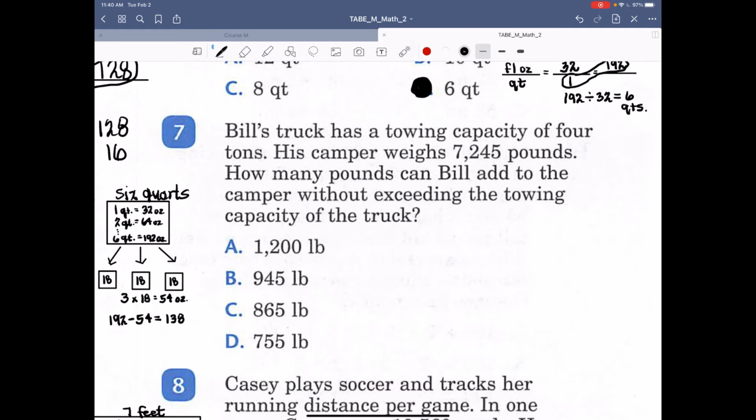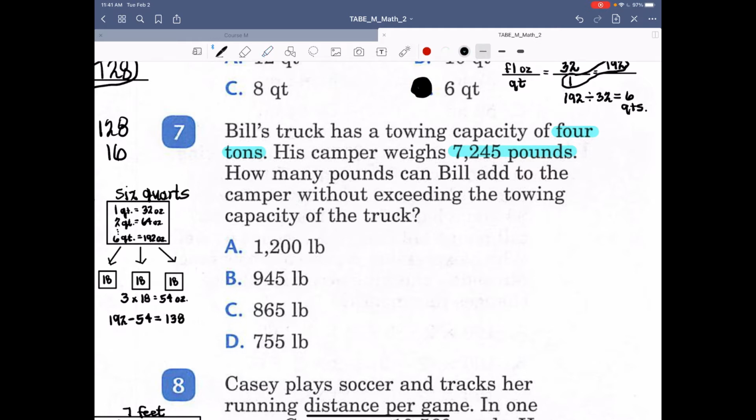Number 7. Bill's truck has a towing capacity of 4 tons. His camper weighs 7,245 pounds. How many pounds can Bill add to the camper without exceeding the towing capacity of the truck?